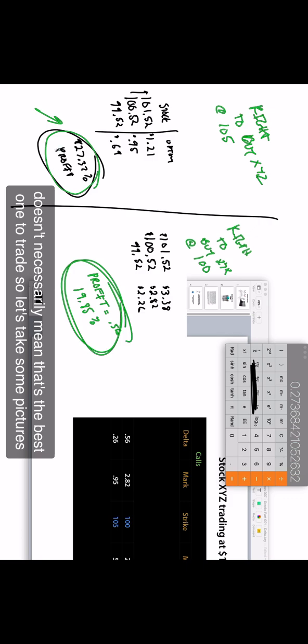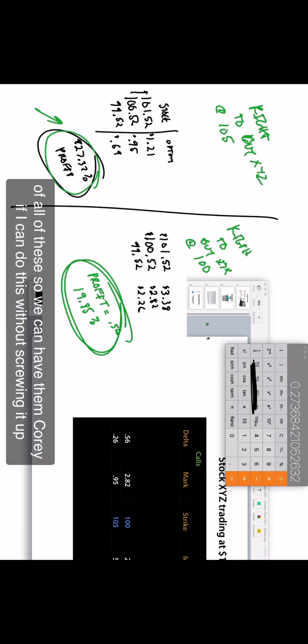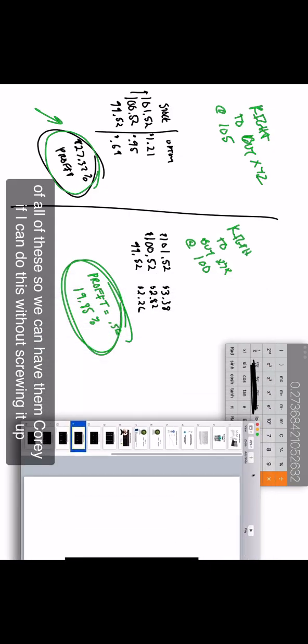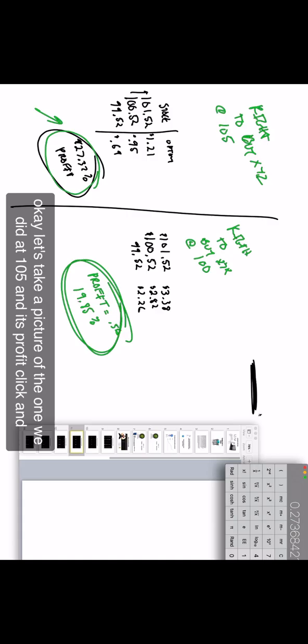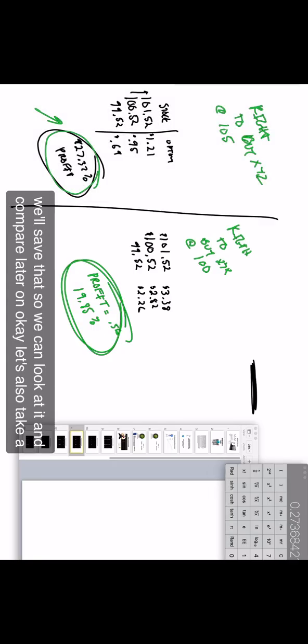So let's take some pictures of all of these so we can have them, Corey, if I can do this without screwing it up. Okay. Let's take a picture of the one we did at 105 and its profit. Click, and we'll save that so we can look at it and compare later on.